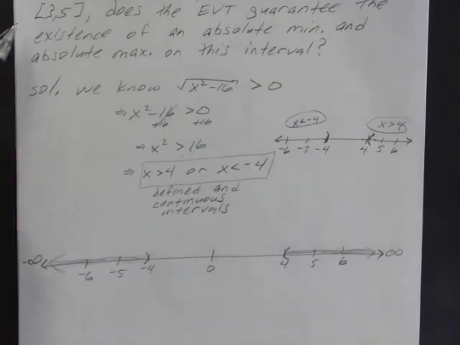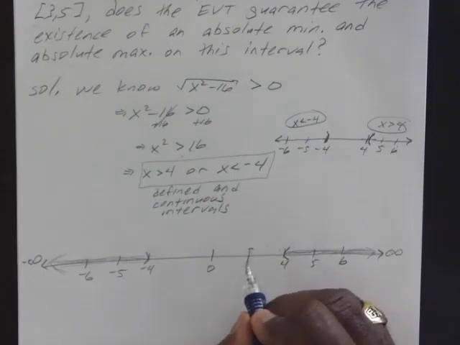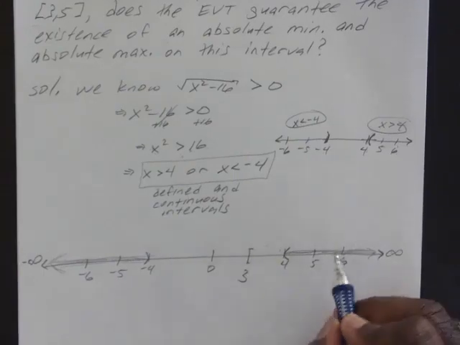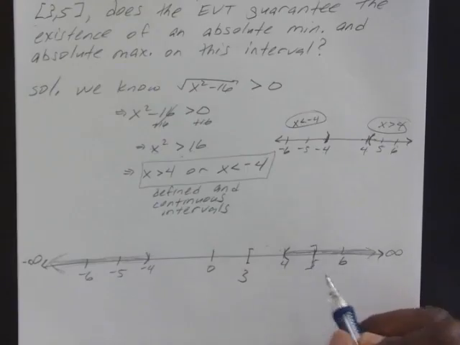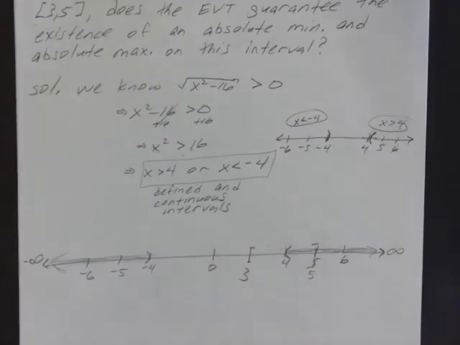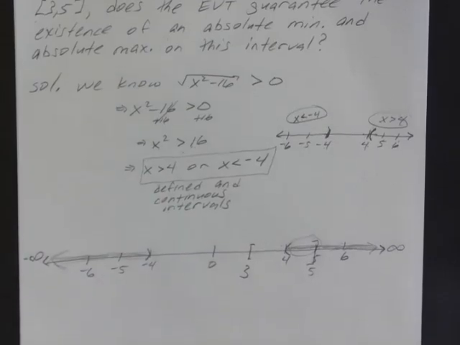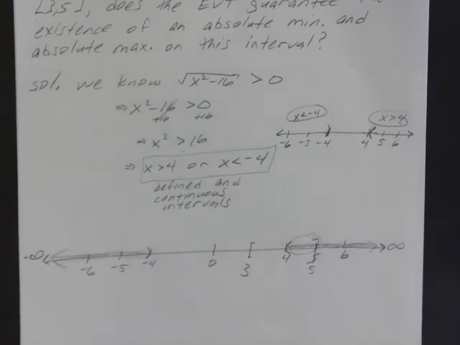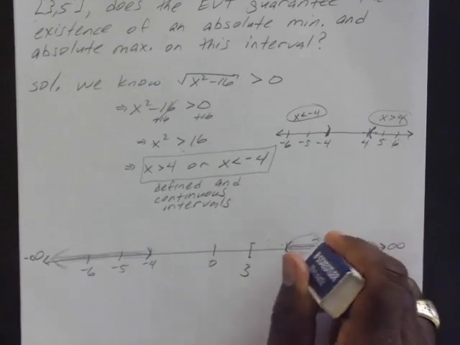But if we look at our interval from 3 to 5, and we're looking for from 3 to 5. Okay. Now it's defined on this part, but it wouldn't be defined here. Let me clean up this 5 a little bit.